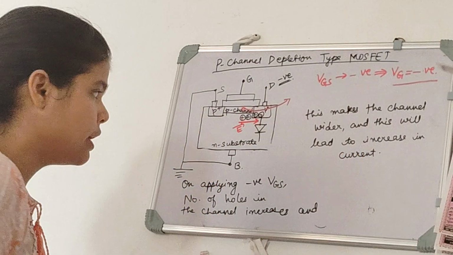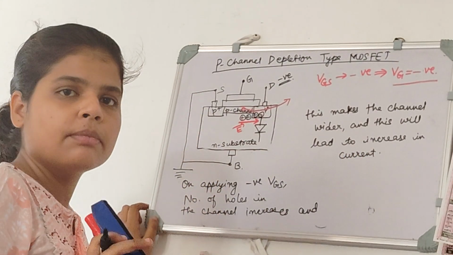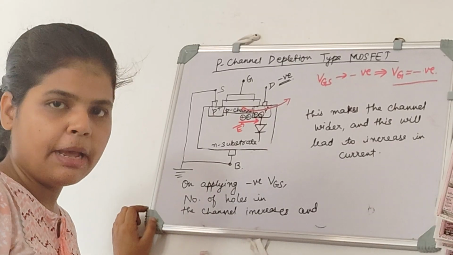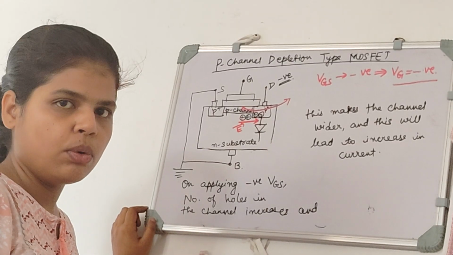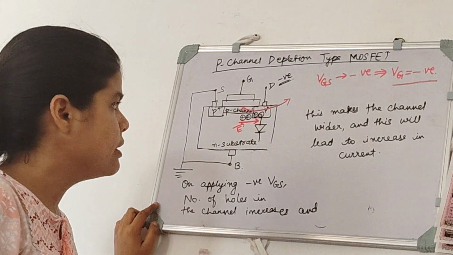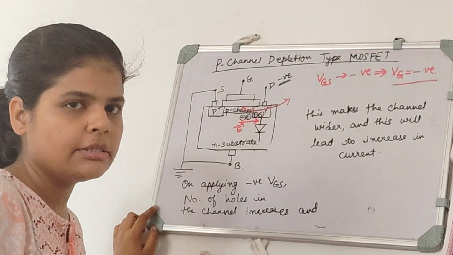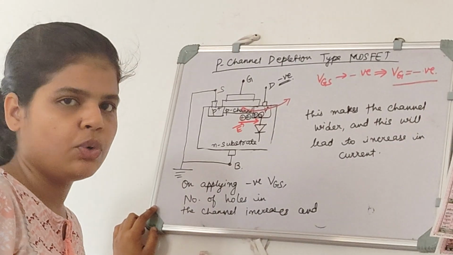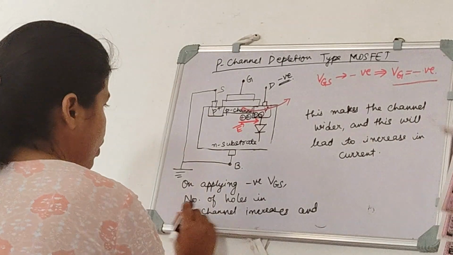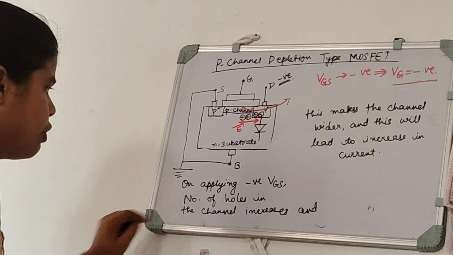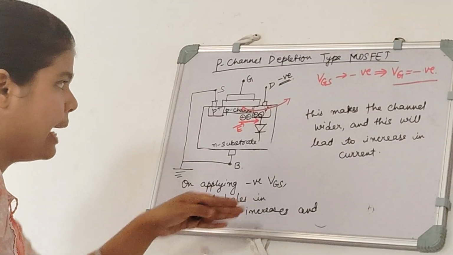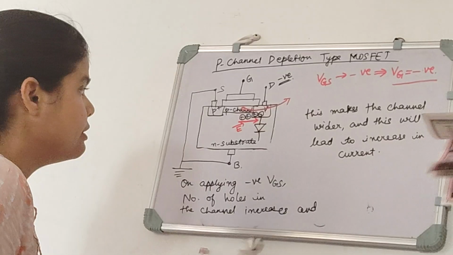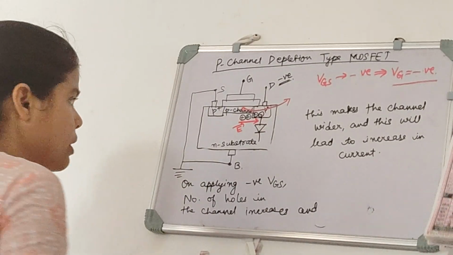Because if we see that the wider the water pipe is, the more the flow. So here also we can say that the wider the channel is, the more current will flow through it. Okay. So on applying negative VGS, we saw that the number of holes in the channel increases, and this makes the channel wider, and this will lead to increasing current.